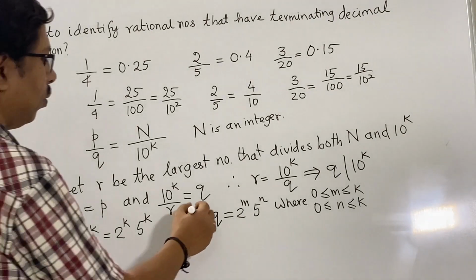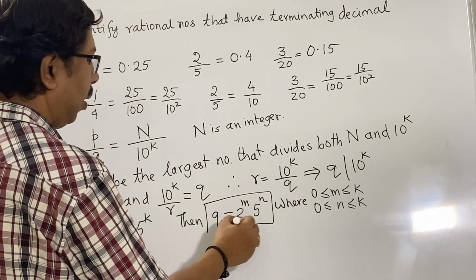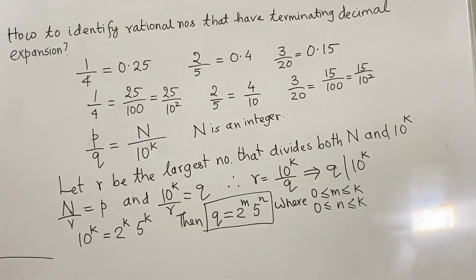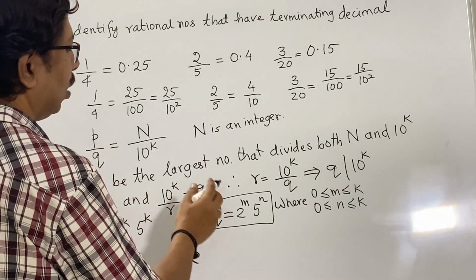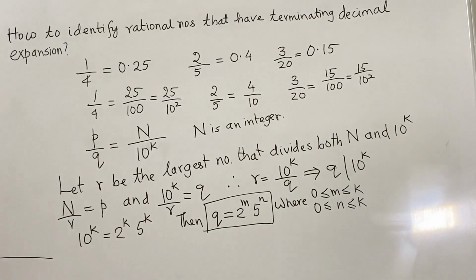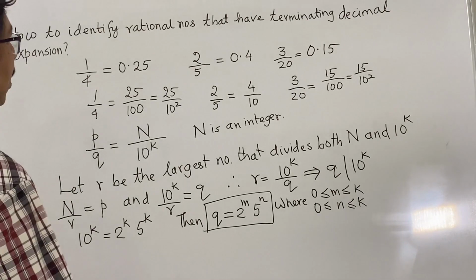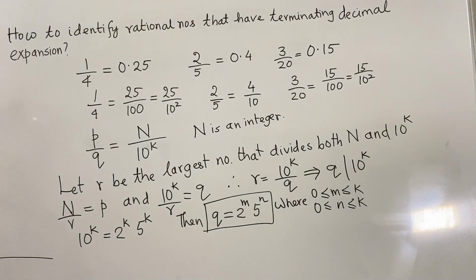Thus, if q is of the form 2 to the power m into 5 to the power n, then only it would be possible to have a terminating decimal expansion of a rational number. Thus, we can say that if a rational number has a terminating decimal expansion, then q must be of the form 2 to the power m into 5 to the power n.